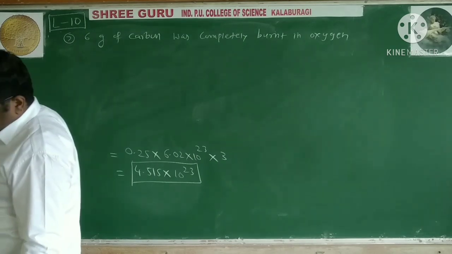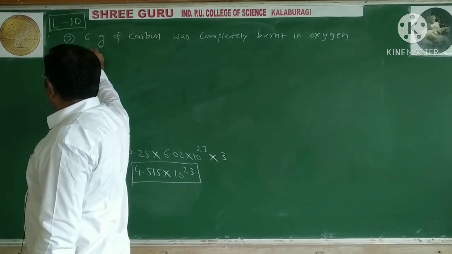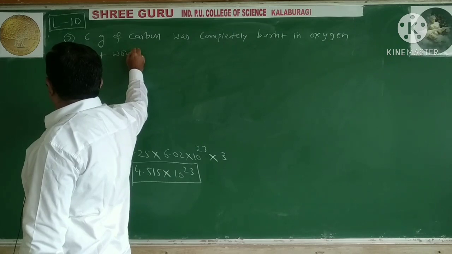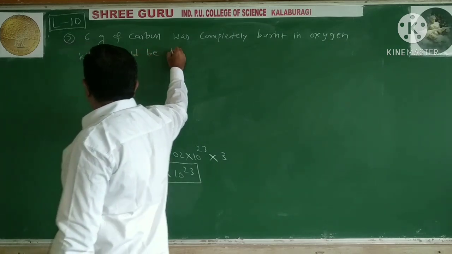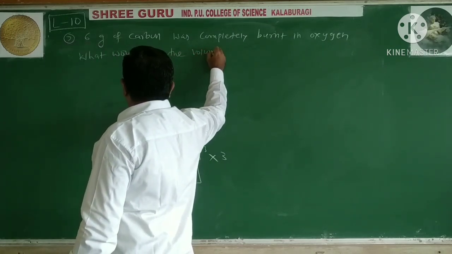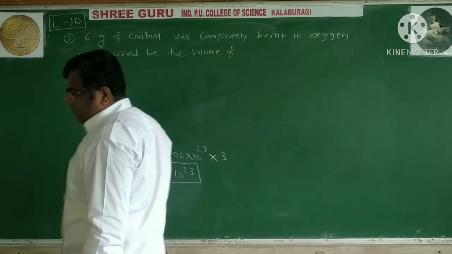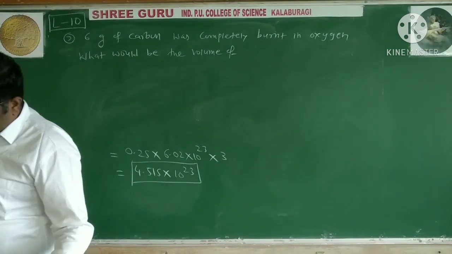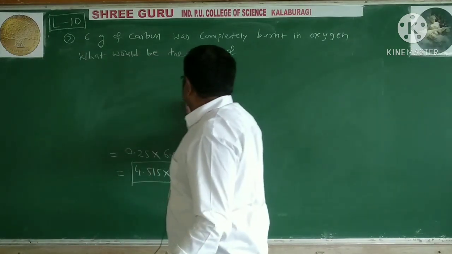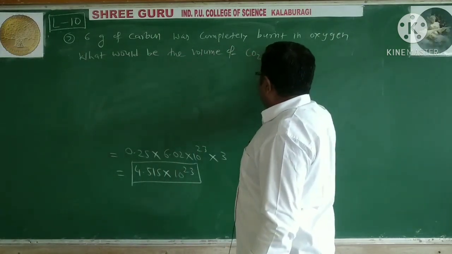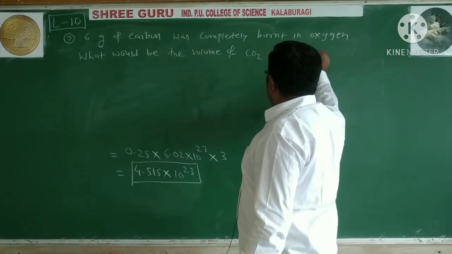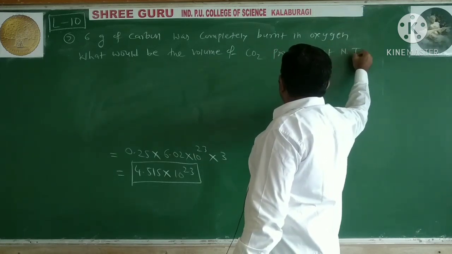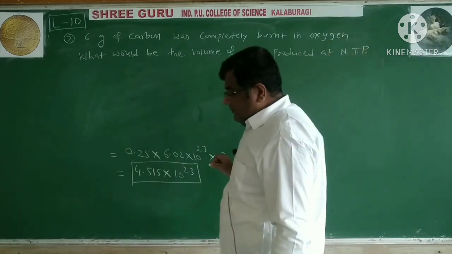What would be the volume of carbon dioxide produced at NTP? Carbon dioxide produced at NTP means normal temperature pressure.